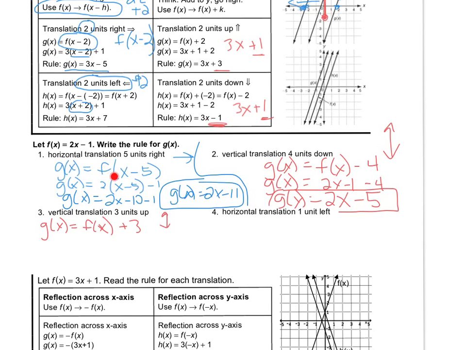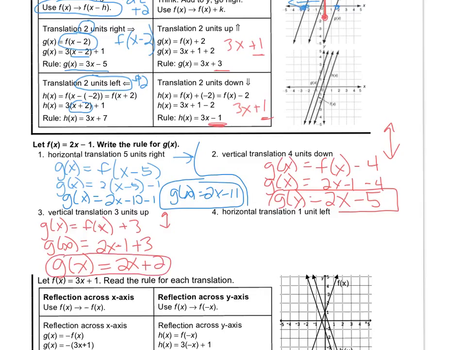Right here we had to add or subtract within the f of x. Okay, so I've got g of x equals 2x minus 1 plus 3. And so now I can combine like terms. So my final function is 2x plus 2.